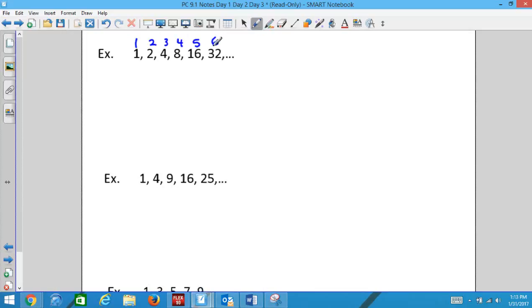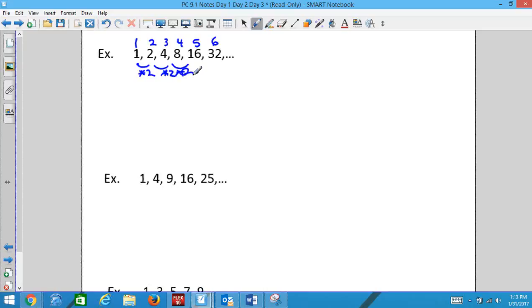Have you seen these numbers before? What's special about 1, 2, 4, 8, 16, 32? They're all times by 2. They're all powers of 2.